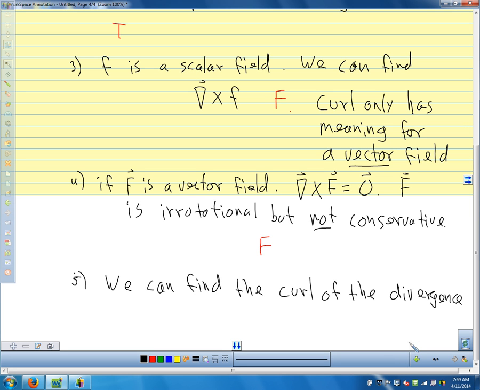No, we can't find the curl of the divergence because the divergence isn't a vector. So what we'd end up with is something like this. We'd be trying to find the curl of a scalar. So this one is false. Divergence is a scalar, and so we can't find the curl of a scalar.